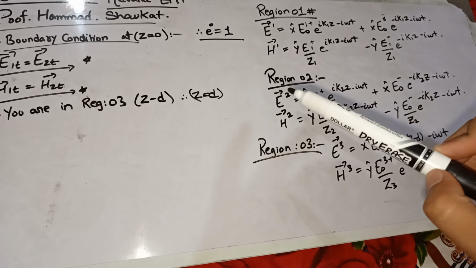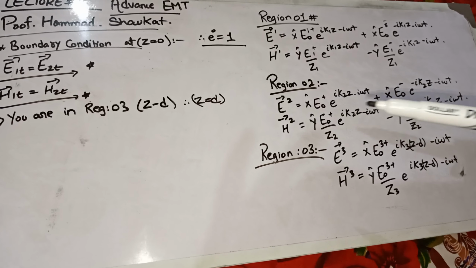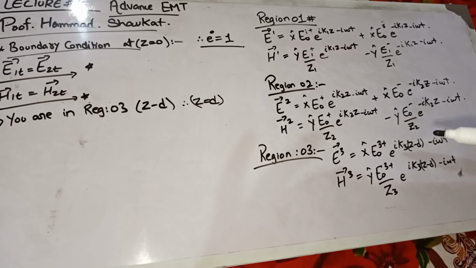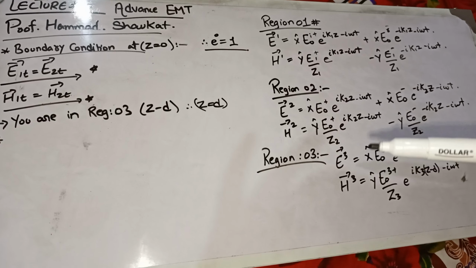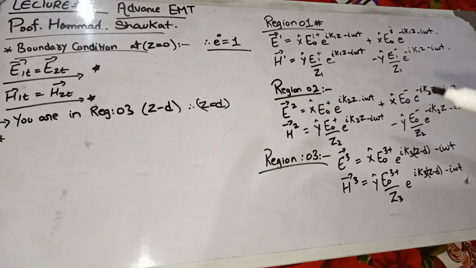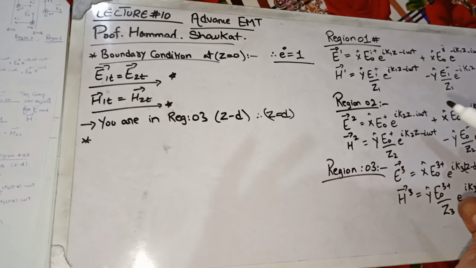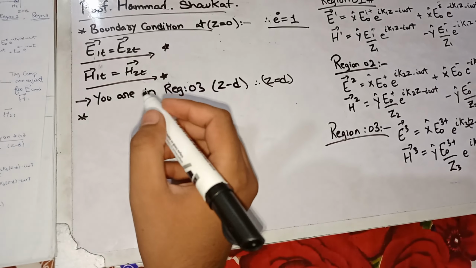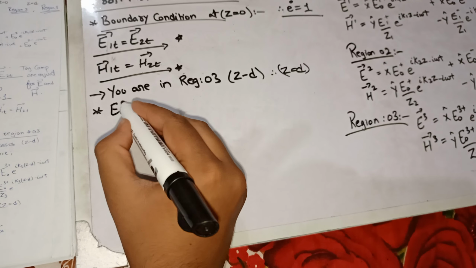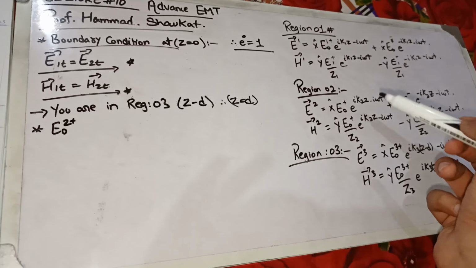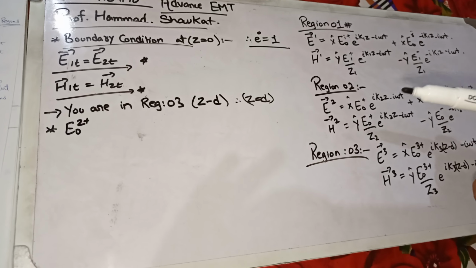So let's first put z equals d here also, taking x common from region 2. There is only one x, so x cancels with this x, so we will not write it here. You are only left with E naught 2 plus, because you are taking from the second region, because we have to apply this boundary condition z equals d in regions 2 and 3.